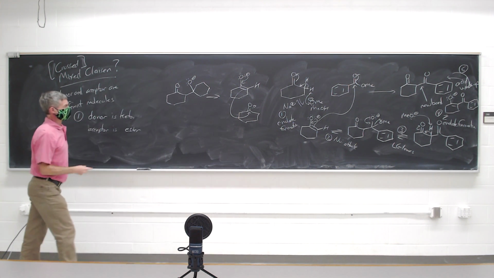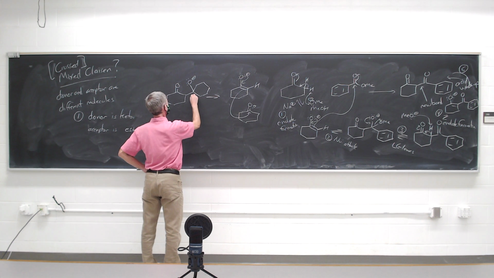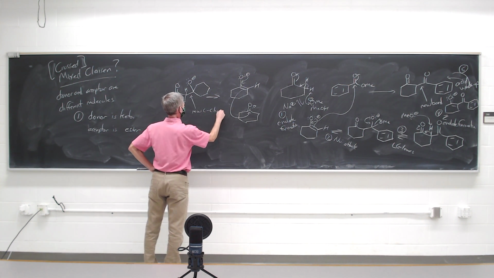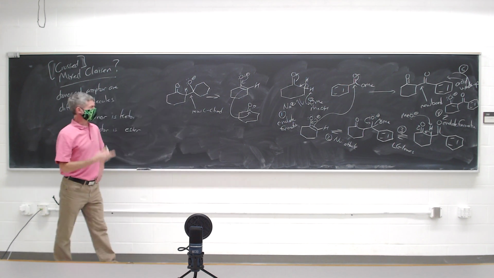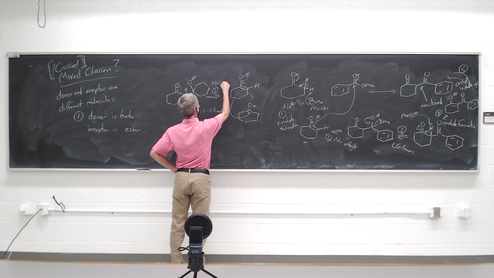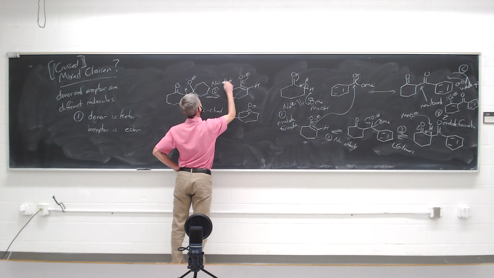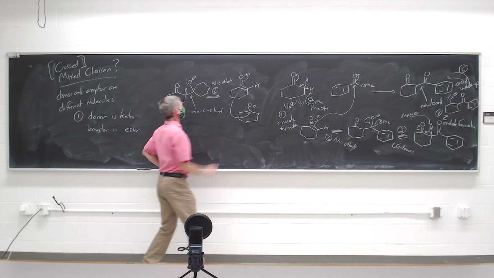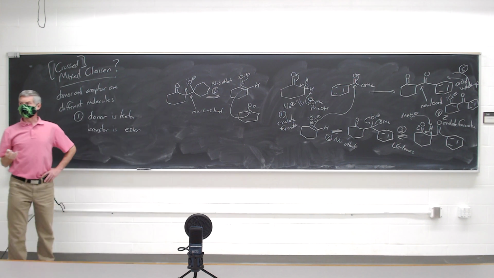Looks like that, right? New CC bond here. So step 2, after the enolate formation, would still be the nucleophilic attack. What's step 3? The aldol condensation.